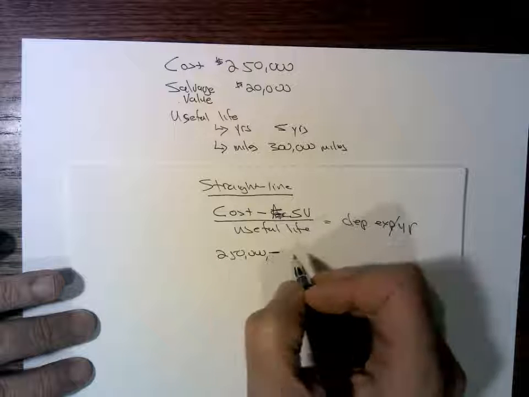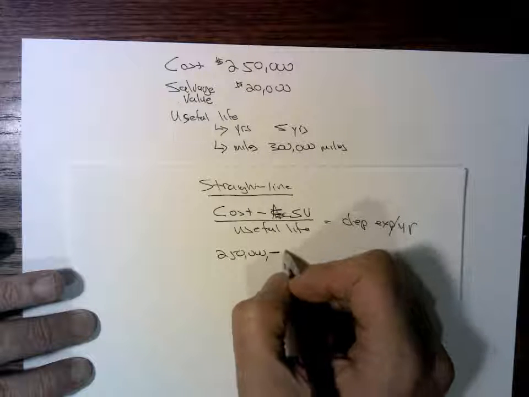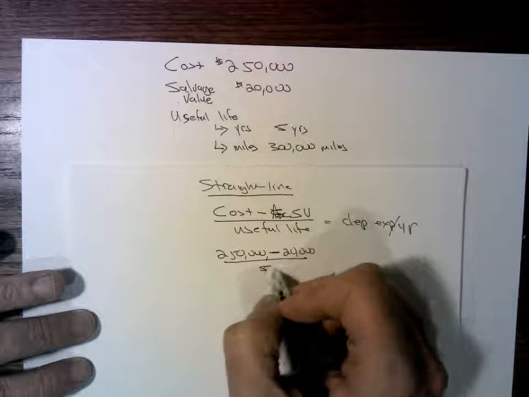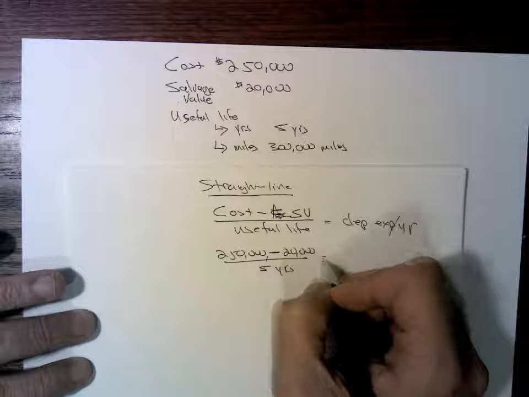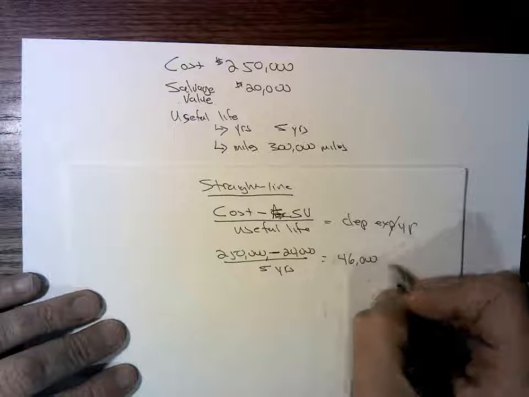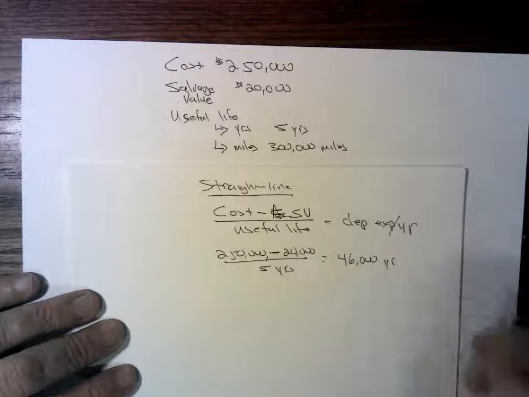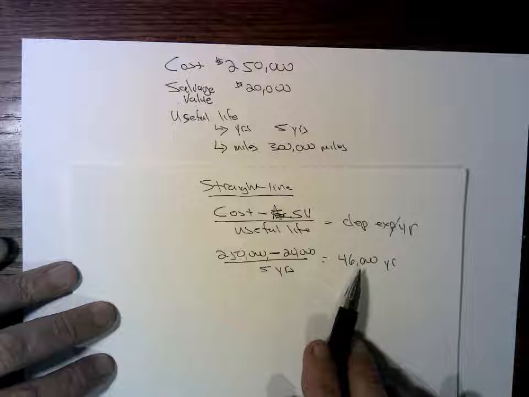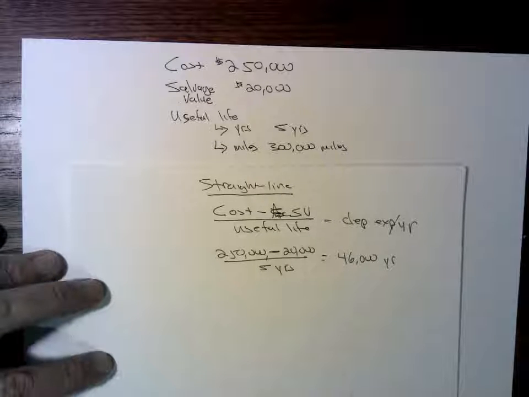Salvage value is $20,000, all over 5 years. You do that math and it comes out to $46,000 per year, right?